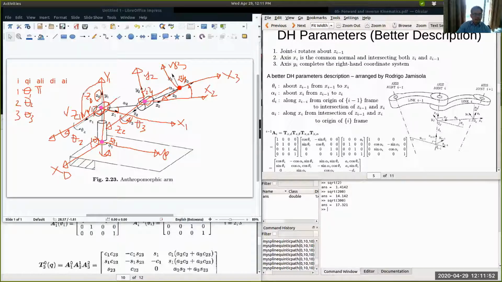Next, we have joint 2. Alpha 2, about x2. So where is x2? This is x2, from z1 to z2. Where is z1? Z1 is here, about here, z1 to z2. Where is z2? Z2 is here. Is there any rotation about x2 when you go from z1 to z2? No, this is 0.